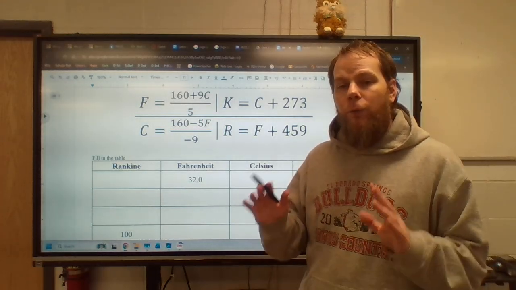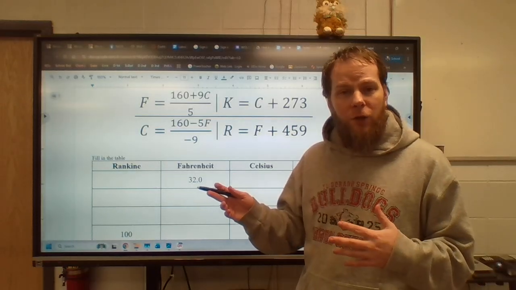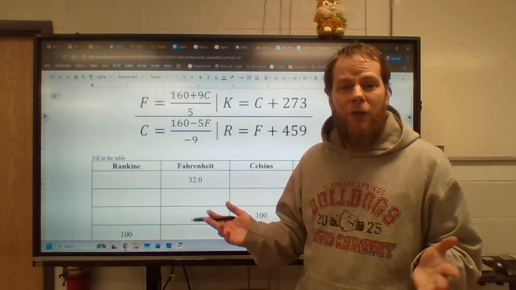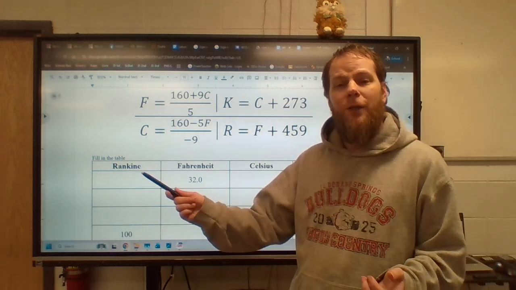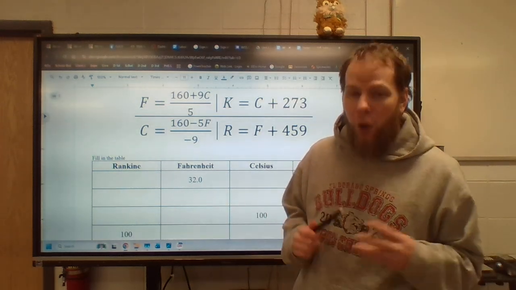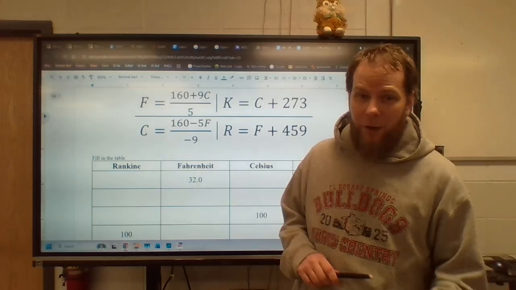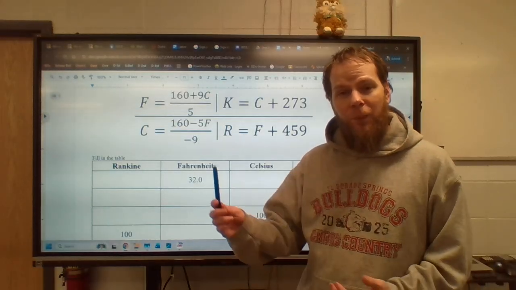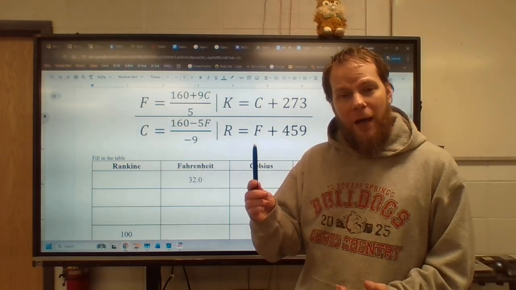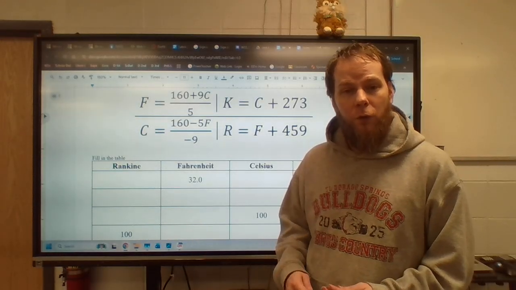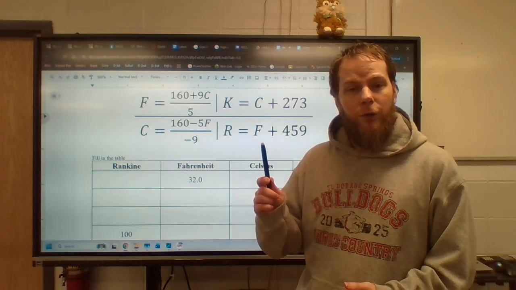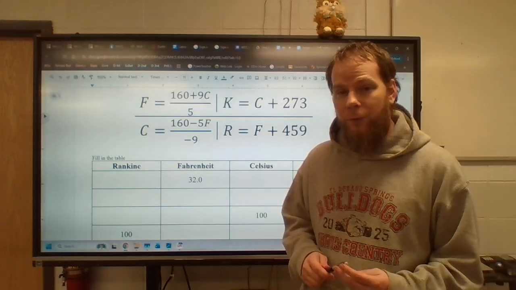Okay? So, first and foremost, the Rankine conversion is really easy. Which equation do we use to go from Fahrenheit to Rankine? Well, it's going to be the only one that has Fahrenheit and Rankine in it. So R is F plus 459. So if F is 32, then we take 32 plus 459.